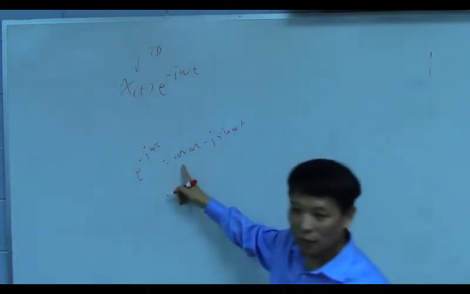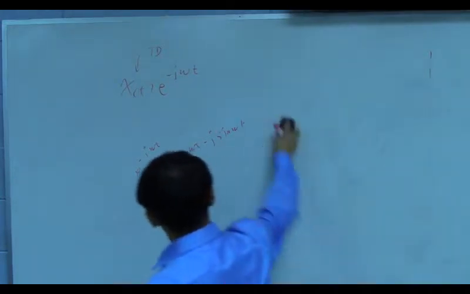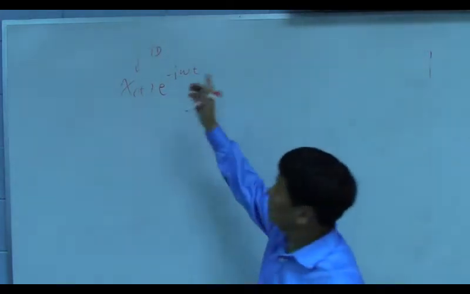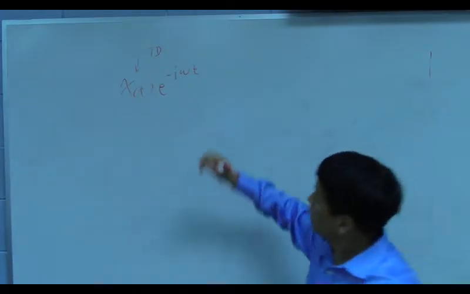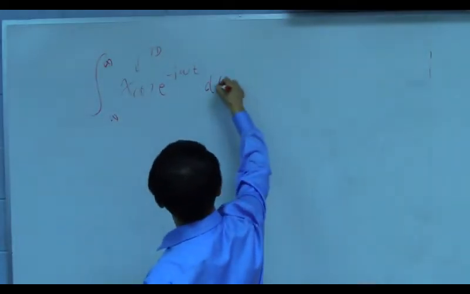So that's cosine and sine functions, but complex. Then we take the integration for all time, negative infinity to positive infinity, with respect to t.